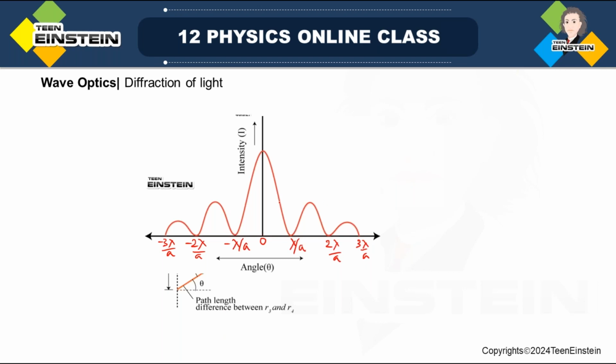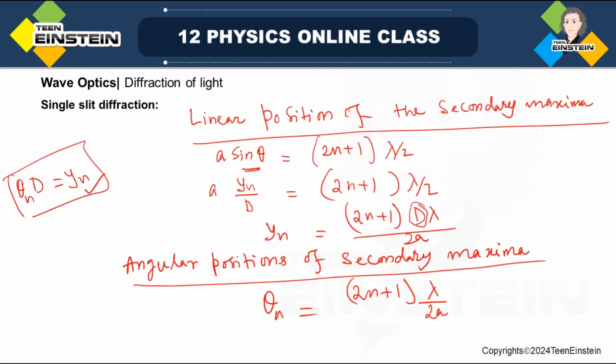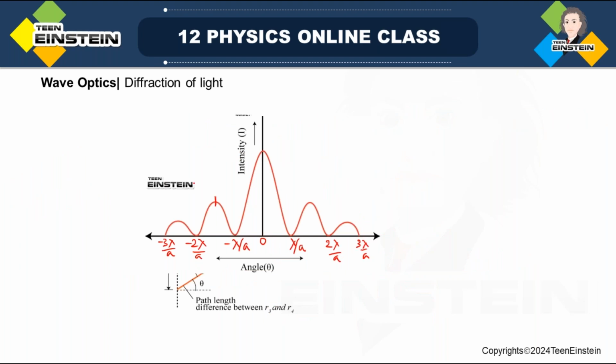We have written already how to get it. Now, if you want to find the positions of the secondary maxima, then 2n plus 1. See, this is the angular position. For the first one, it will be 3 lambda by 2a, that means 1.5 lambda by a.